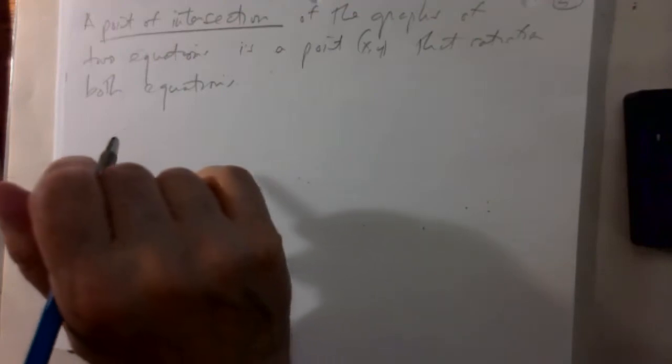That means it's a point that lies on the graphs of both of the equations. So the text gives a pretty example.